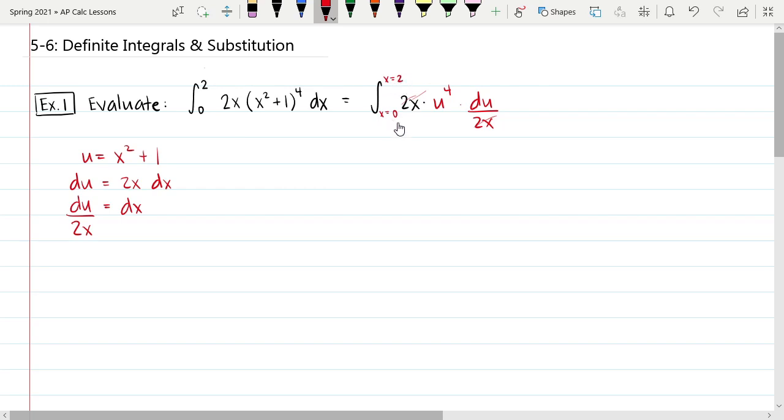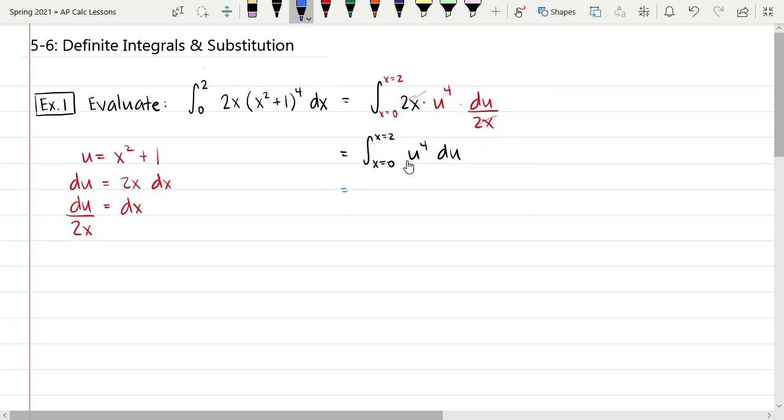So yes, we are combining different variables, but at least we're staying consistent with that. So when I clean this up, what I really have then is the integral from x equals 0 to x equals 2 of u to the fourth du.